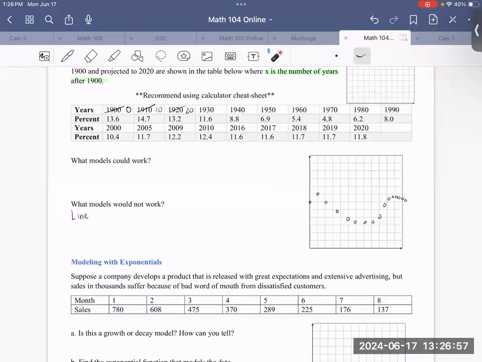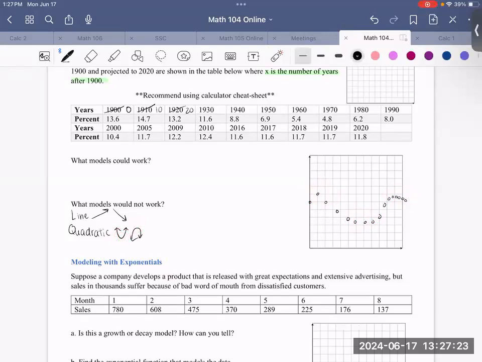Let's see, quadratic, either up or down. A quadratic, while it does have that nice curve aspect that we're seeing, it only has one turning point. And here we can see we have multiple turning points. We have 1, 2, 3 turning points that we know of, and our quadratic model only has one turning point.